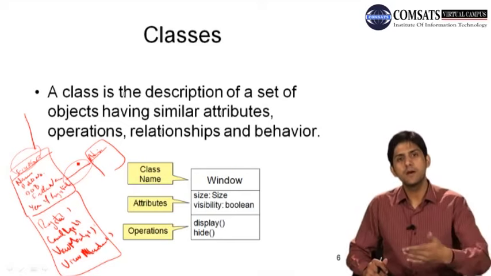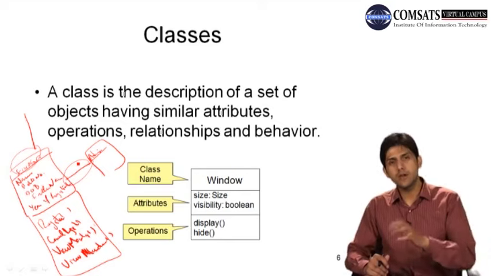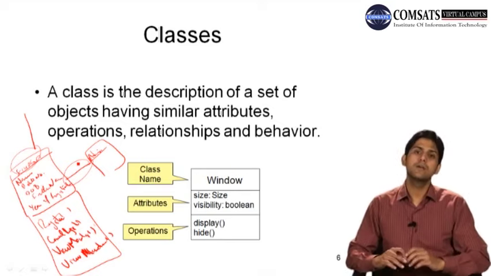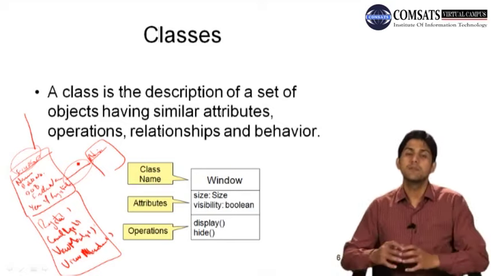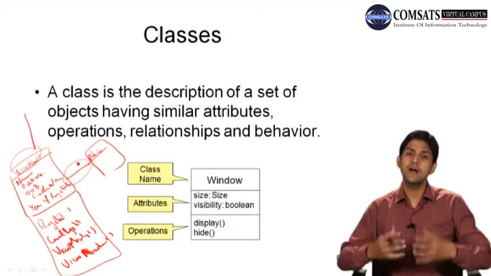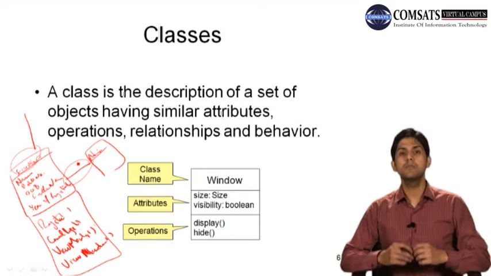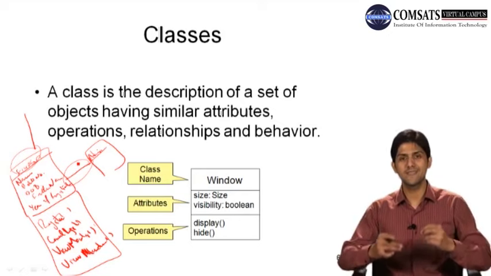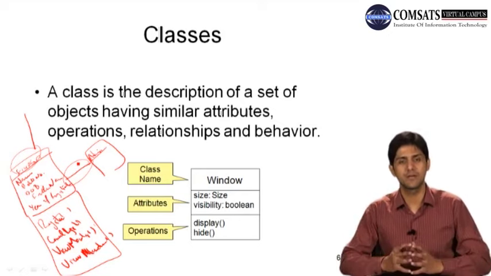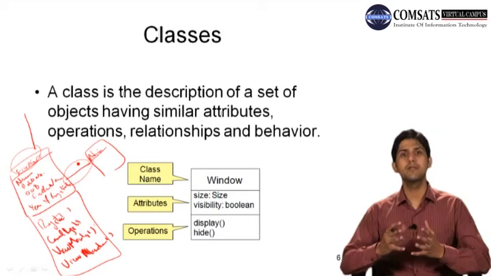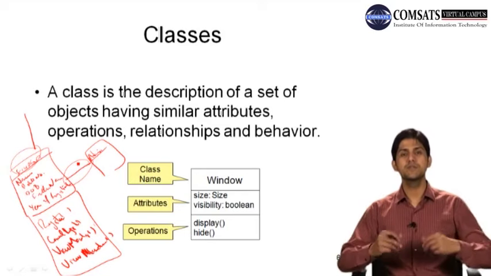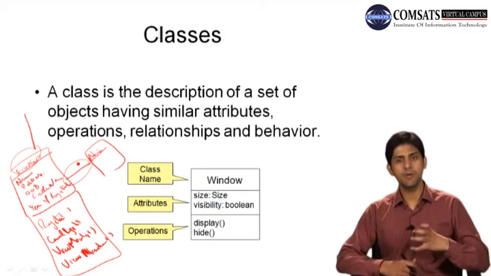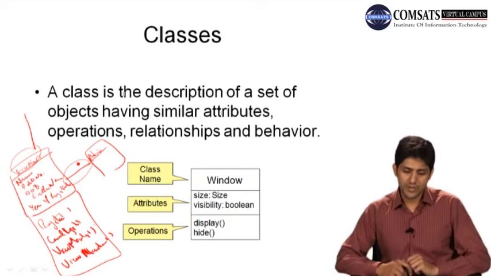We will come to that when we discuss the selection criteria of classes, and how it does not satisfy one of the criteria. So the basic criteria is that whenever you have a class in your solution, you should be able to recognize multiple instances or multiple objects of that particular class. So for example, student is a valid class because we can have many students who share the same attributes, the same operations, and the same relationships.